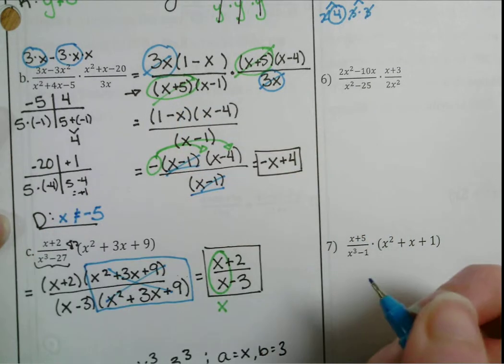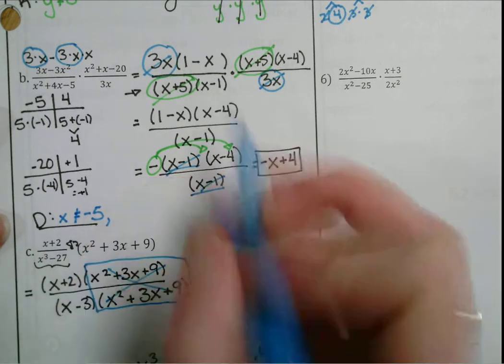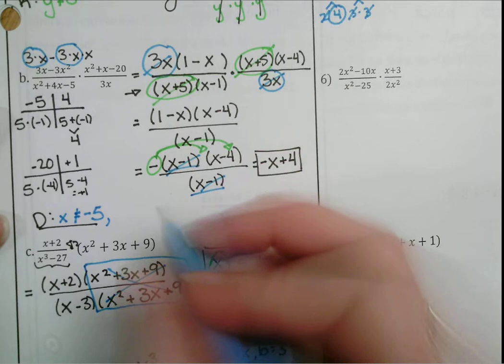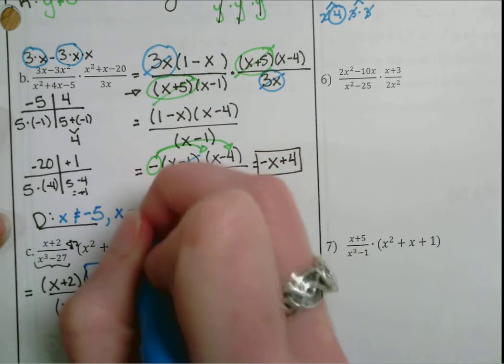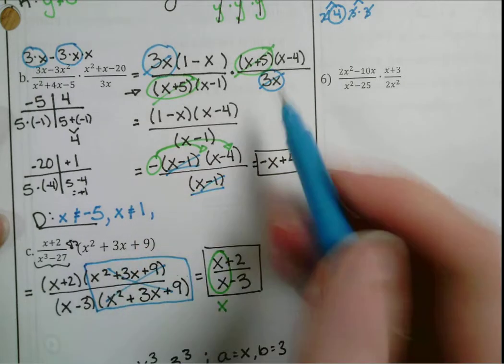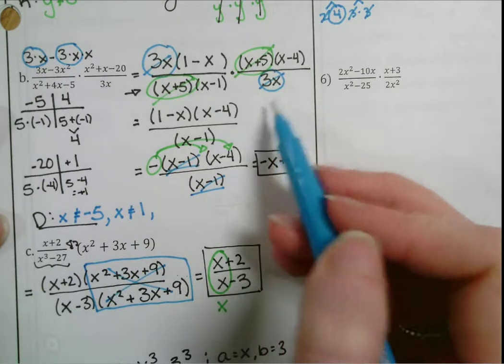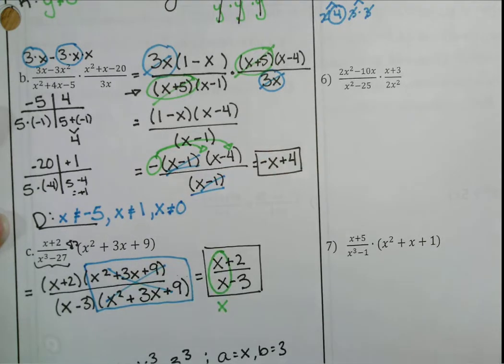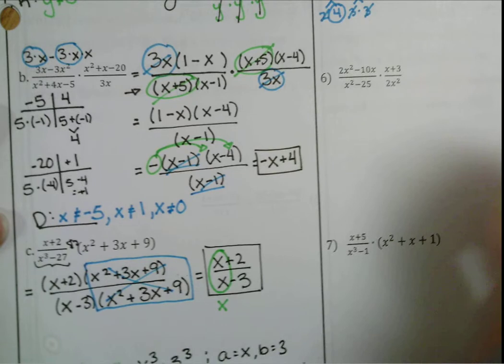So x cannot be that value. Next, for the x minus 1, well, if that was going to be equal to 0, I would need a positive 1. So x cannot be that value. And lastly, the 3x, if that's going to go to 0, x cannot equal 0. So boom, there's my domain. There's no y value, so I don't have to worry about a range here.